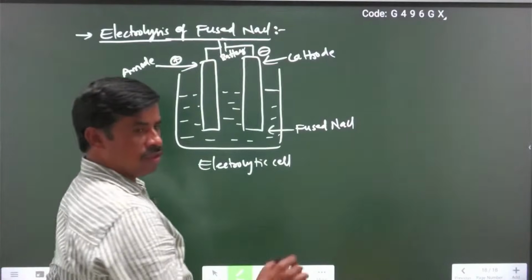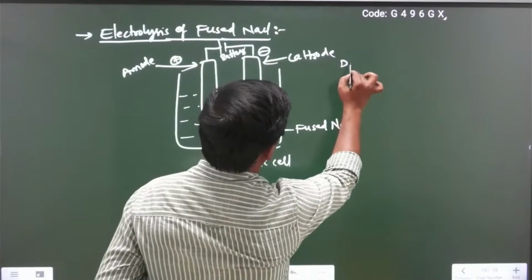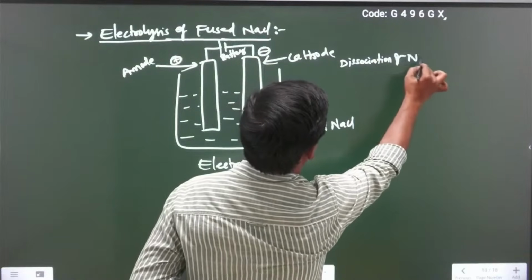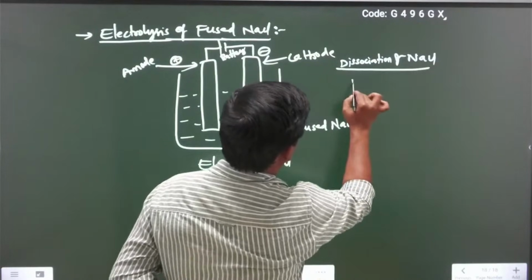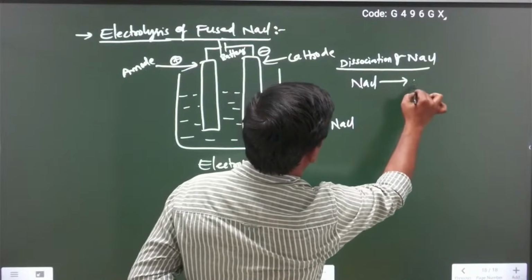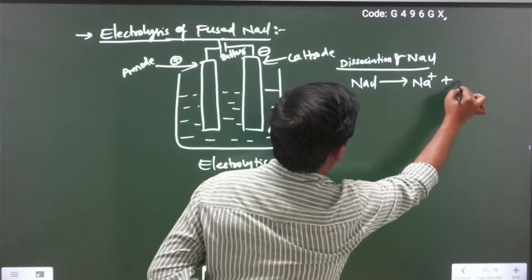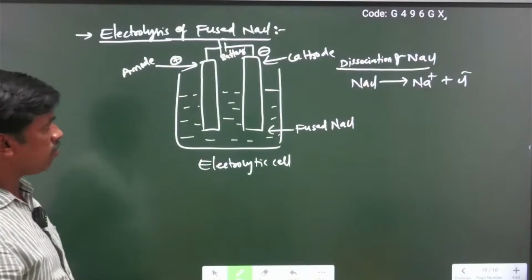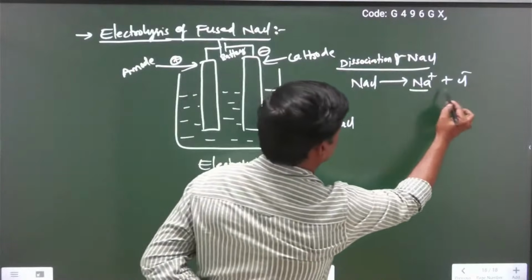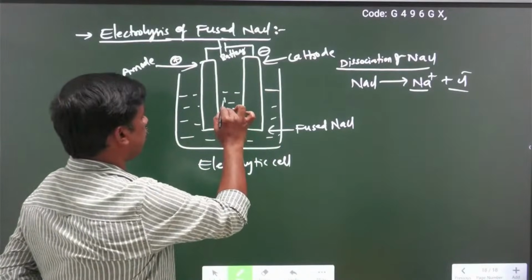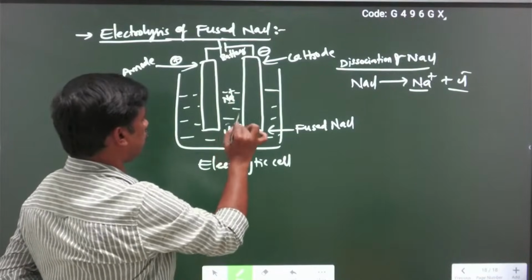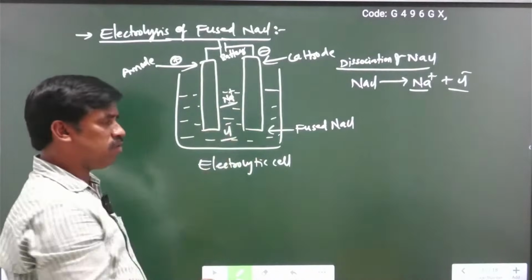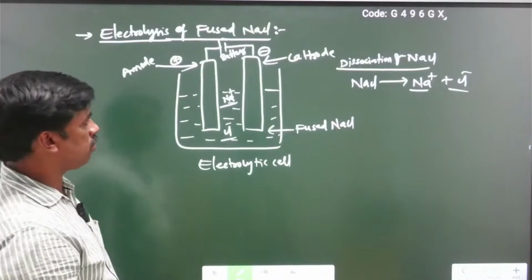What's happening? Dissociation of NaCl takes place. NaCl dissociates into Na plus and Cl minus. Many Na plus and many Cl minus ions are present here; I am writing only one of each.